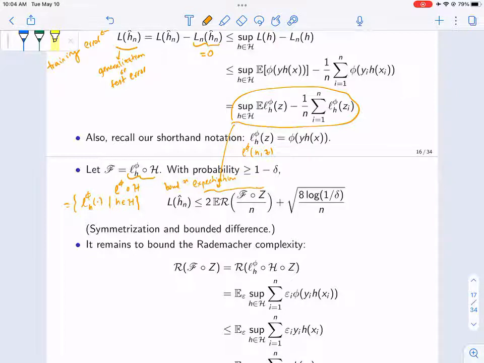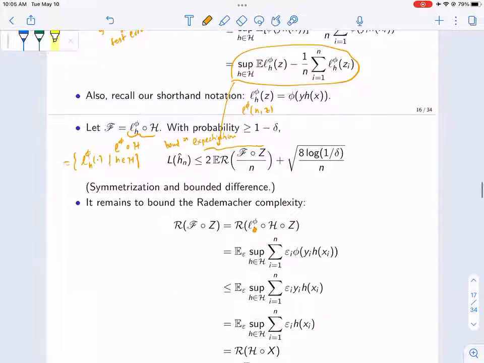So what is this loss function class basically? If you ignore the H here, F of Z is just L_phi of h, Z basically.